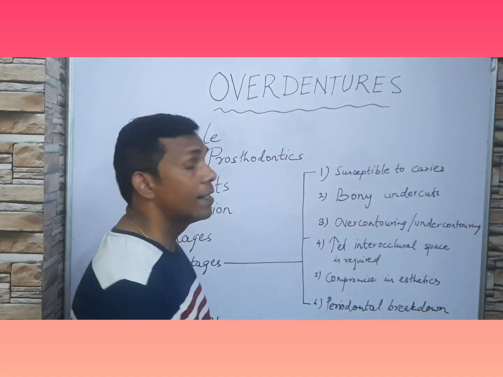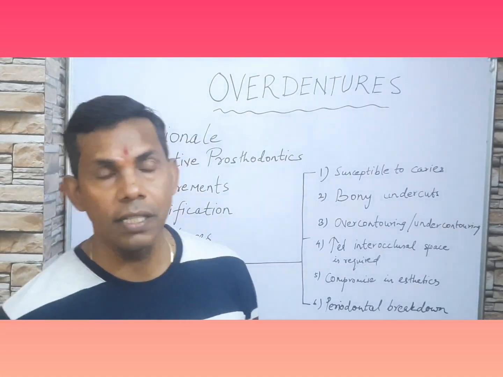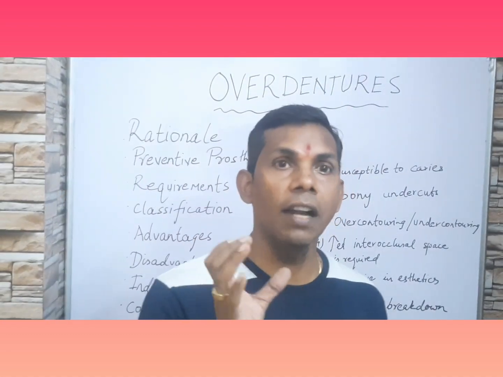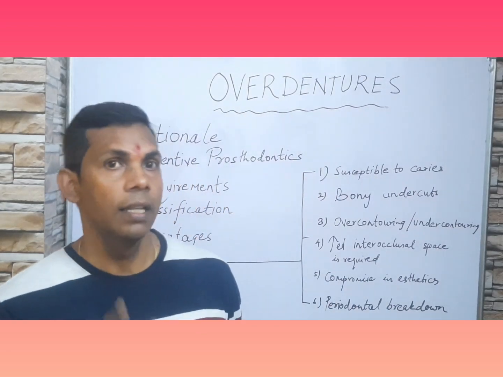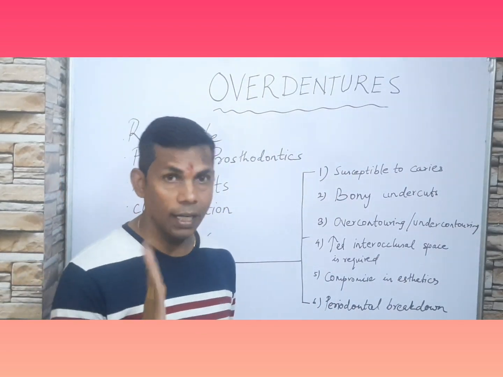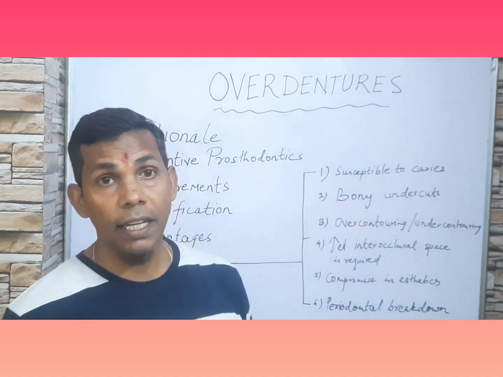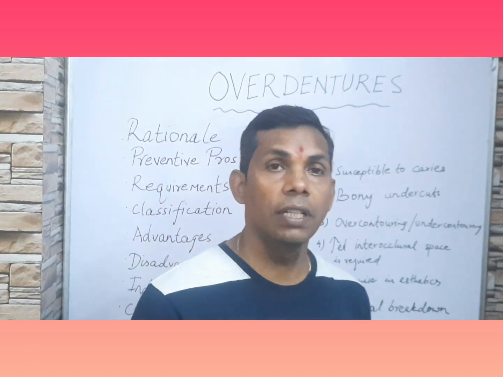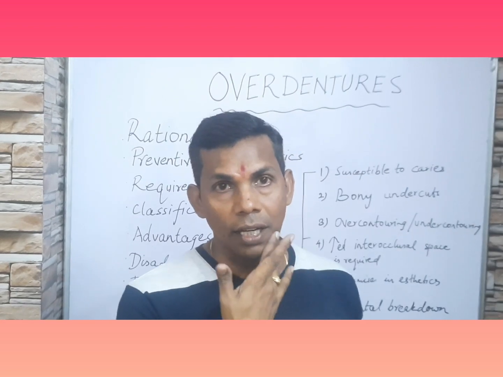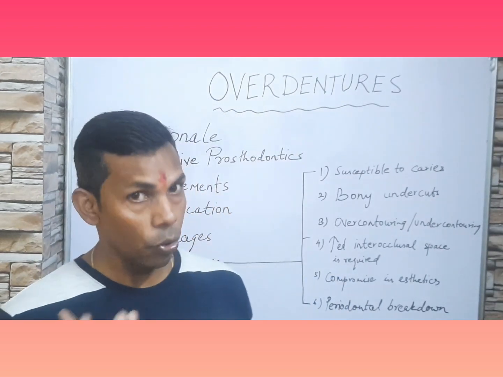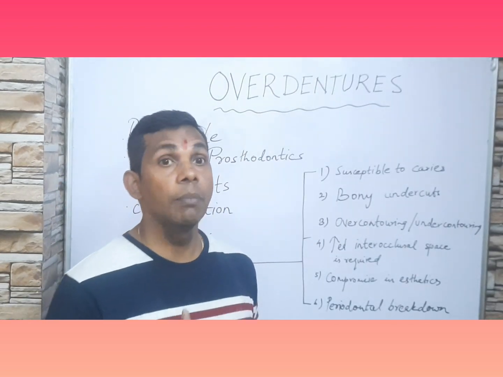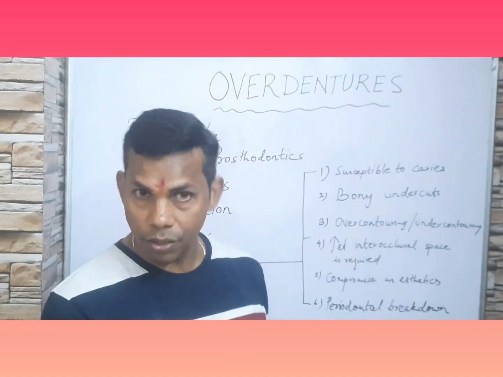Next you have the disadvantages. Now what are the disadvantages? Since the overdentures are taking support from the natural teeth, there is susceptibility to dental caries. Definitely they are susceptible to dental caries. Secondly, since you are preserving the natural teeth, there are chances that you may encounter bony undercuts. So they can be soft tissue undercuts, they can be hard tissue undercuts.